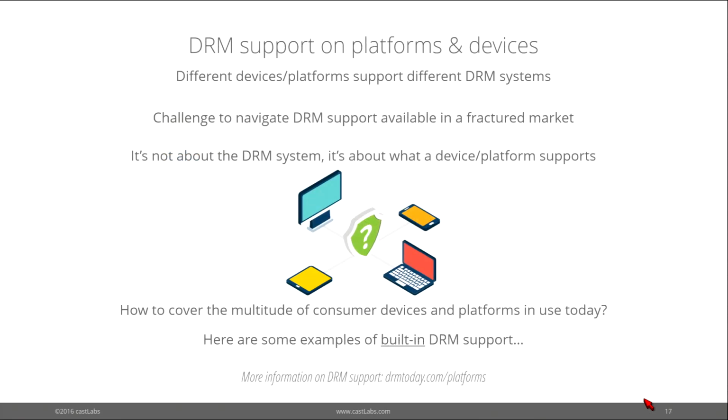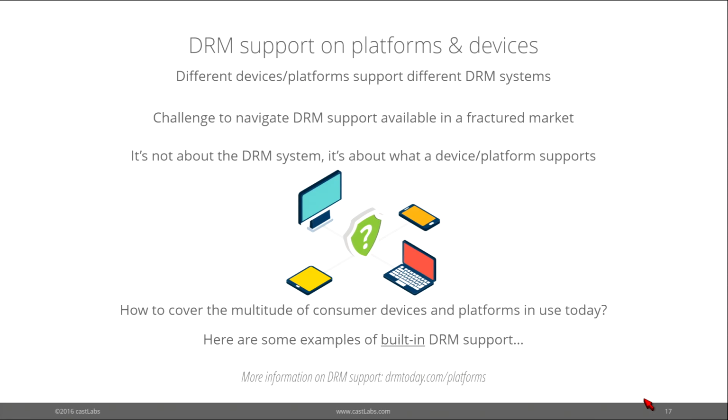DRM support on platforms and devices. Devices and platforms support different DRM systems, and the challenge is actually to navigate all the different DRMs that are out there in a very fractured market. Again, it's getting more complicated, not less. And it's not really about the DRMs, it's about the devices and the browsers and the platforms that it supports.